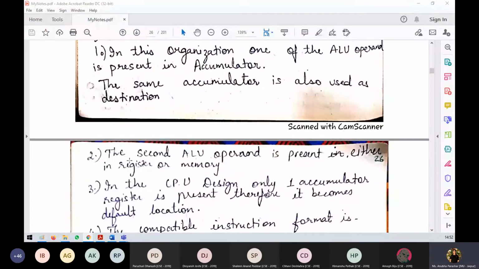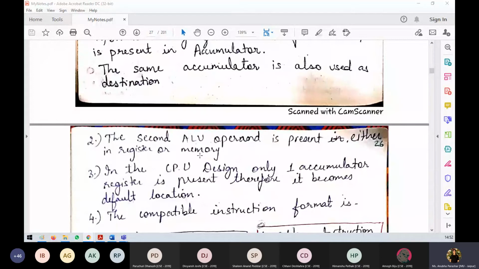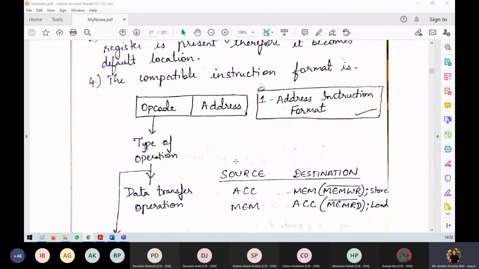So when we say one of the operands is the accumulator, that means if we wish to do A plus B, one of them, A, the value of A will be held by the accumulator. So the accumulator will pass only one address of what?